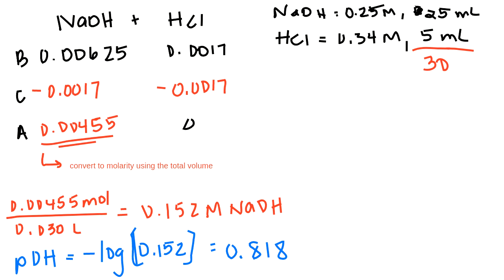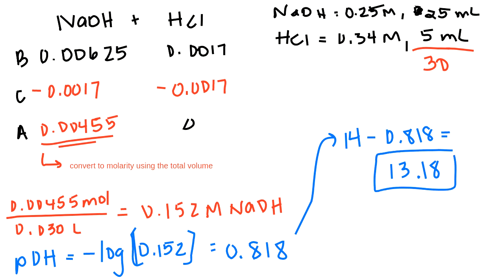So then to find the pH, remember we're going to take 14 minus pOH. So 14 minus that gives us 13.18 as our final answer. And so that's how we determine the concentration for part A.